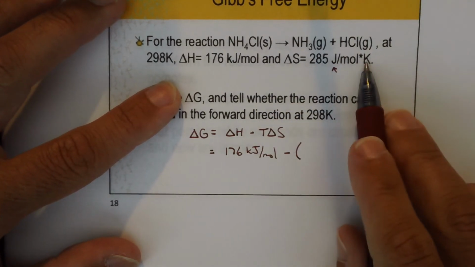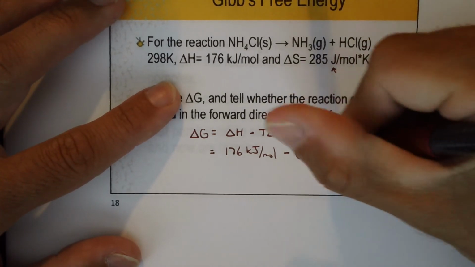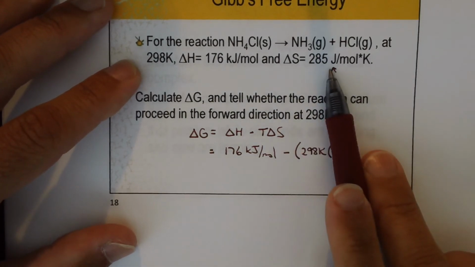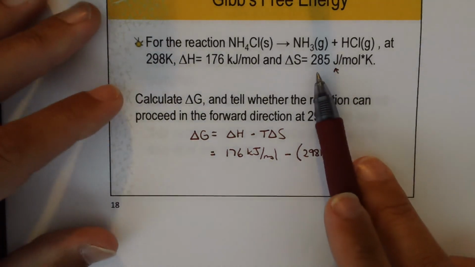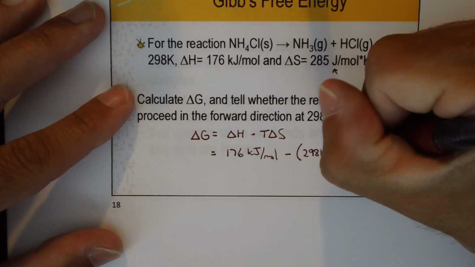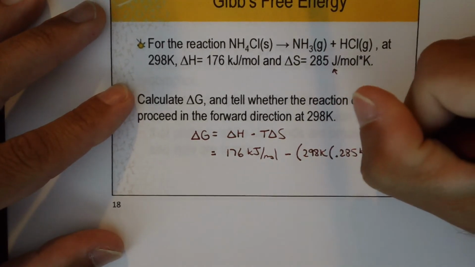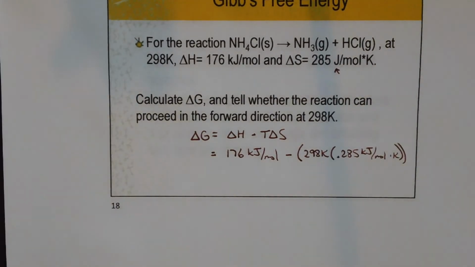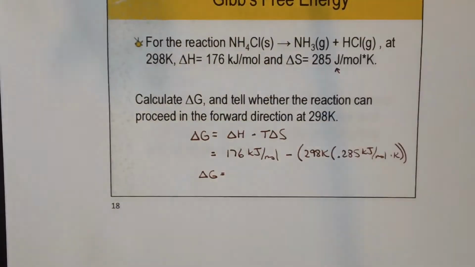Because look, that delta S unit's in Kelvin, so we got to have this in Kelvin. 298 Kelvin, that's room temperature, times our delta S. Now because this is in kilojoules, the delta S also has to be in kilojoules. And at this point, we should be able to convert that in our heads. That's 0.285 kilojoules per mole times Kelvin. And we can plug all this in and figure out what our delta G is as a result.